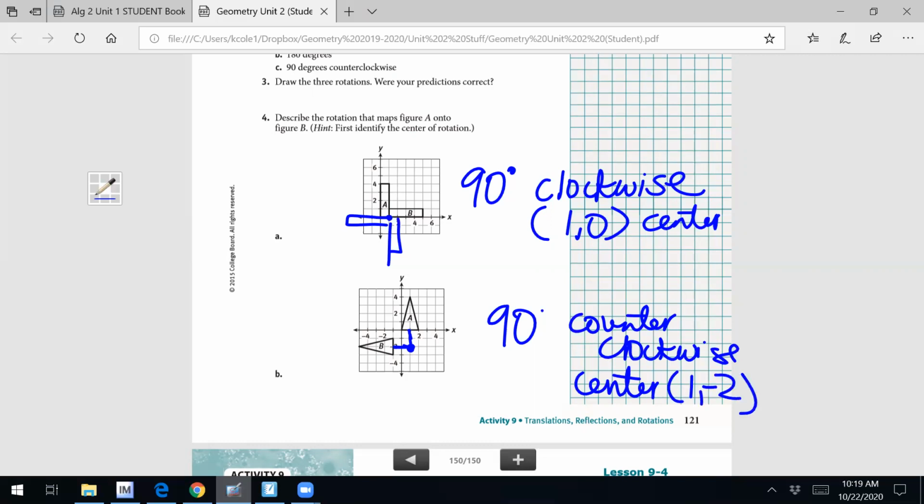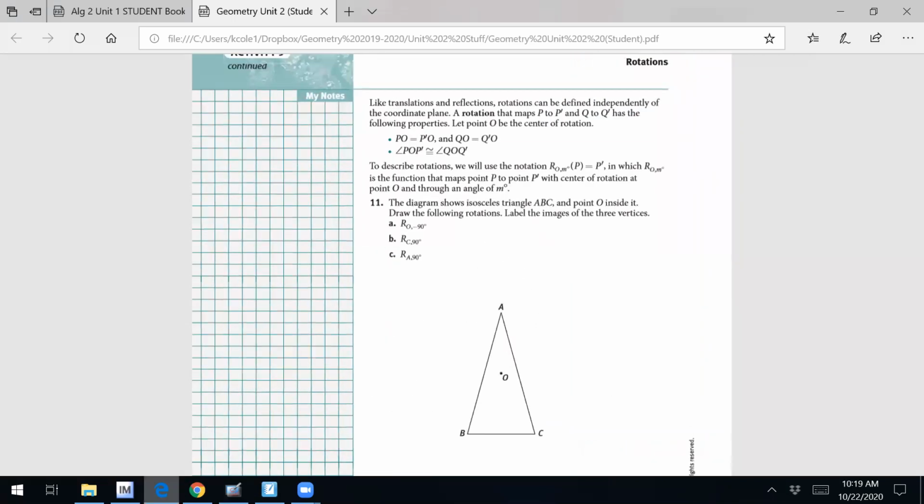Got it? Cool. We are rocking and rolling. All right, skip to page 124. The way that they do it in this book, all of the language for rotation is with that funny wording. I just want you to see it, okay?